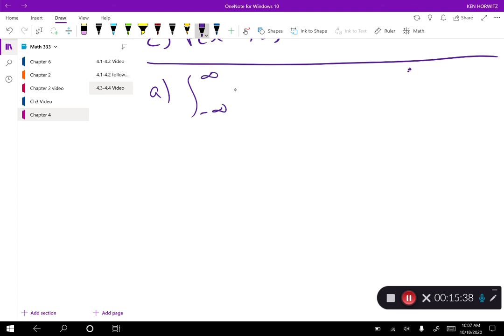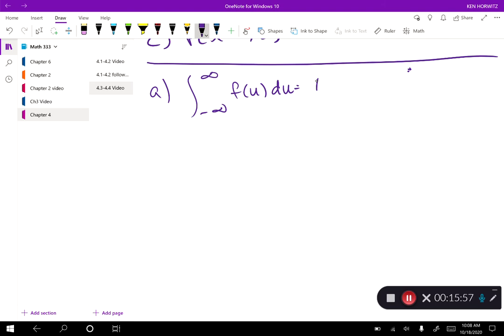And I'm just going to change my variable, so it's f of some function u times du. But that whole thing that I integrate has to equal 1, because anytime you integrate all the values, your probability has to add up to 1.